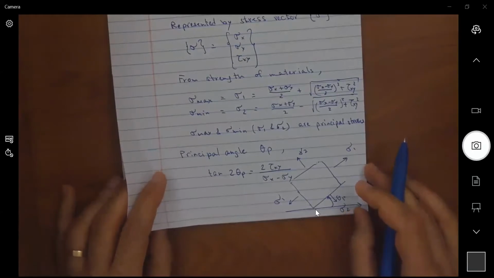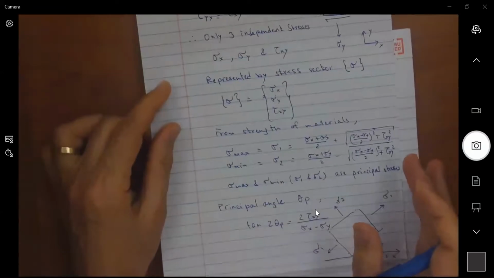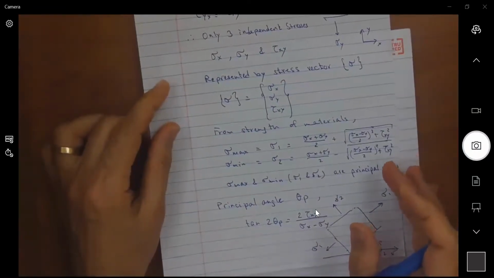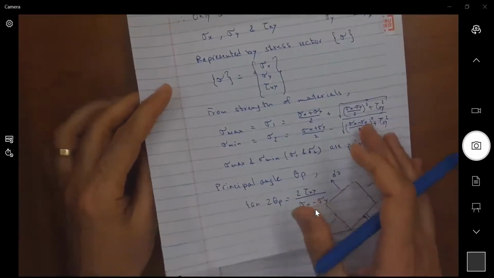And you may recall Mohr circle, the graphical method to find the stress at any given angle or to find the principal stresses. So this is a quick review of the 2D state of stress. I'm going to do the same for a 2D state of strain.